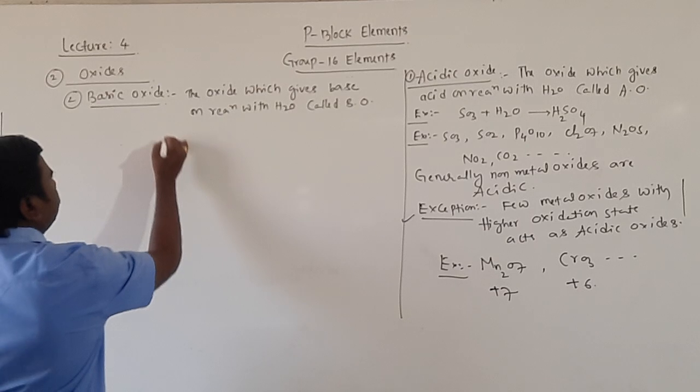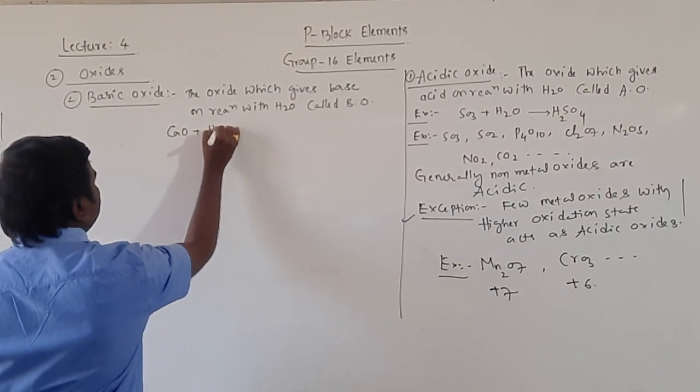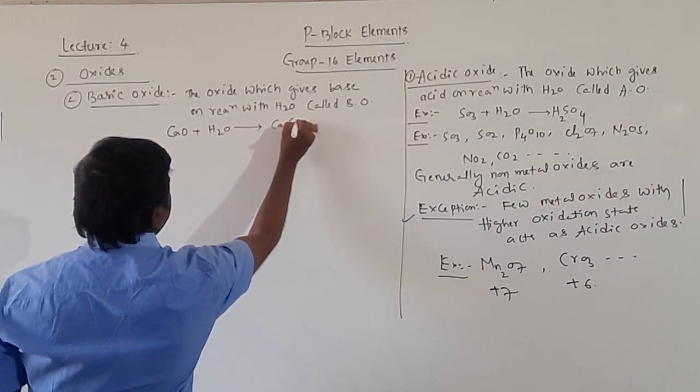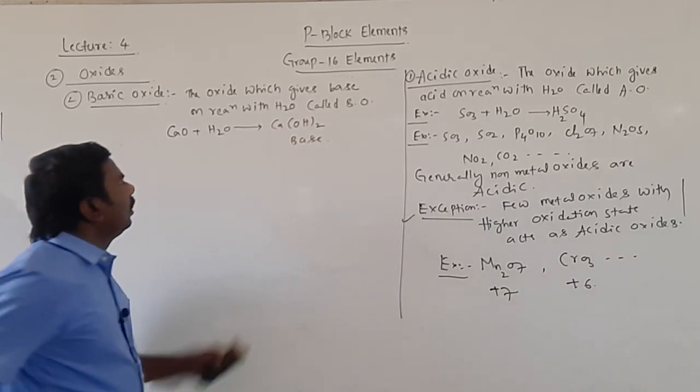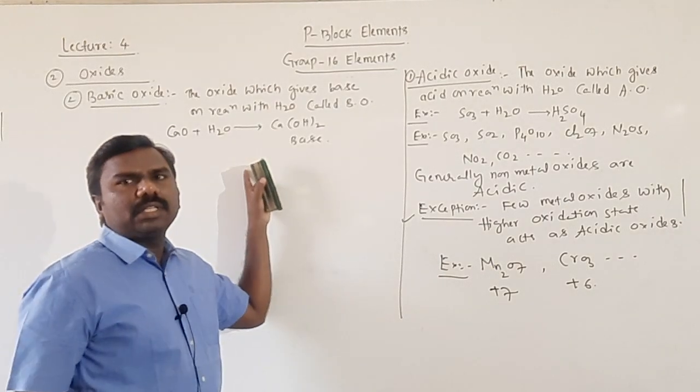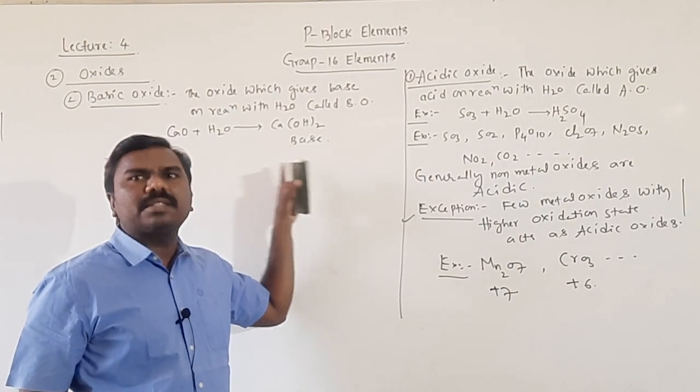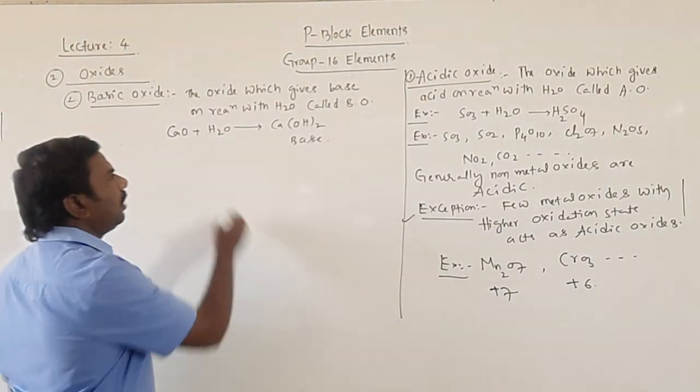Example: CaO plus H2O gives rise to Ca(OH)2. It is a base. When calcium oxide reacts with water, it gives a base. Hence, calcium oxide is basic oxide.